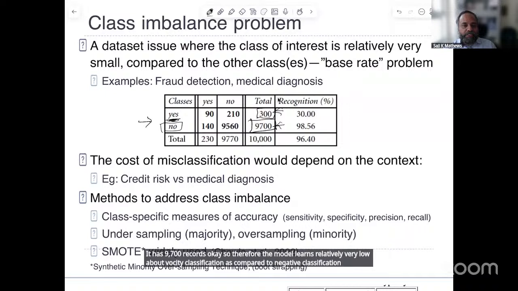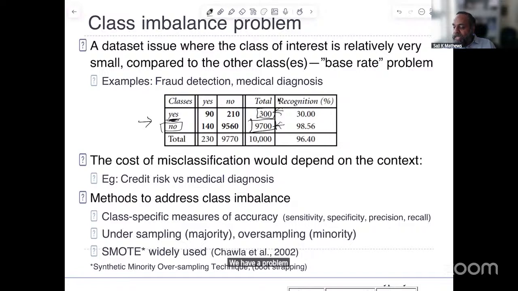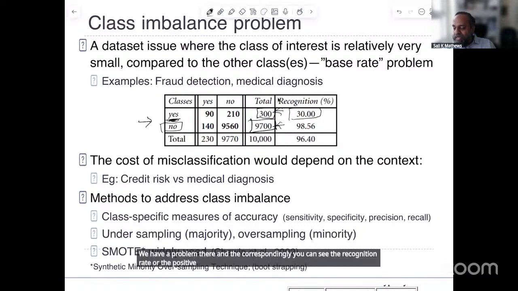Cases like fraud detection, which we talked about, where the number of frauds would be very low as compared to the genuine cases, have this problem. Correspondingly, you can see the recognition rate or the positive accuracy or the sensitivity is very low, only 30%, whereas the specificity is very high, which is 98.56.